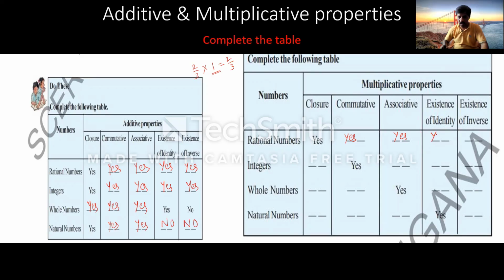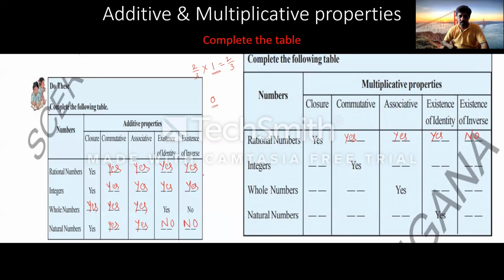So here we should write yes. Existence of inverse. Now for any rational number, multiplicative inverse is there, but for 0, there is no multiplicative inverse. In rational numbers, multiplicative inverse does not exist for 0. So we should write here no.